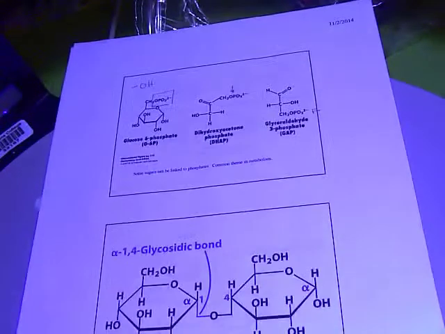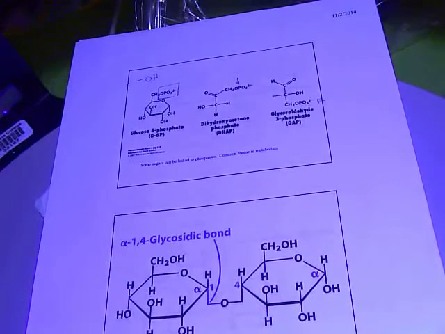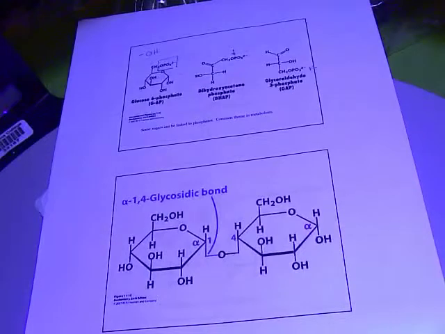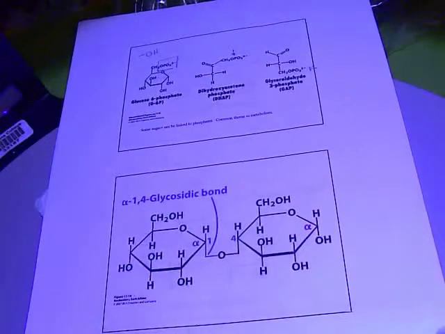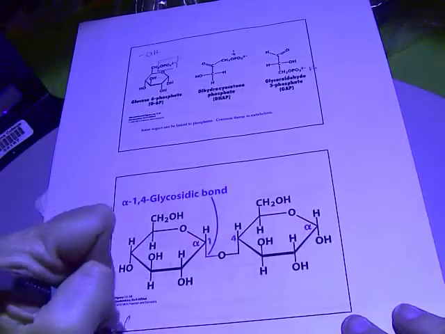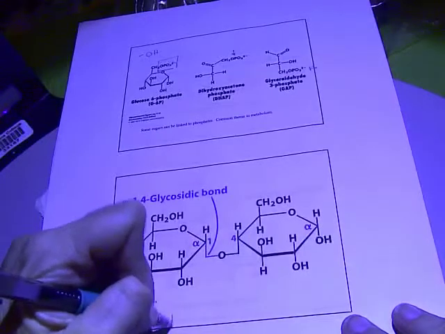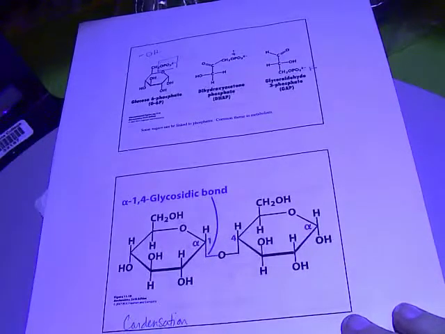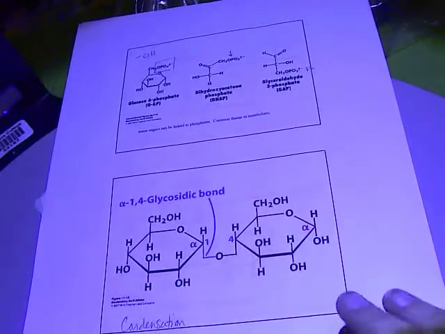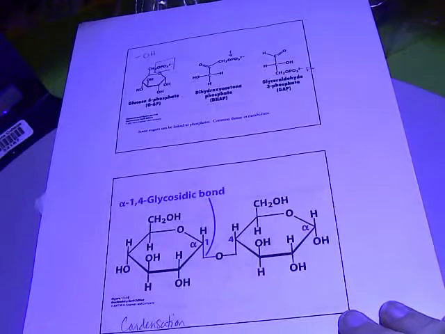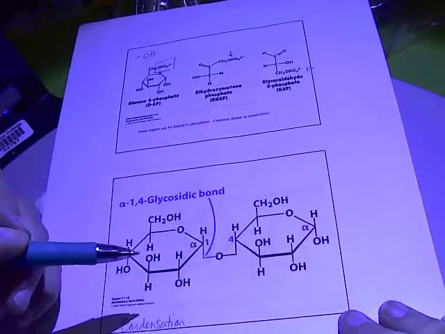All right, so now let's talk a little bit about the glycosidic bond, okay? Because this is incredibly important. The glycosidic bond is a bond that forms between 2 sugar molecules. The reaction here is a condensation reaction. Remember, all reactions that form the macromolecules are condensation, so it's the loss of a water molecule, or dehydration synthesis. And what becomes very important is the direction with which this bond forms.